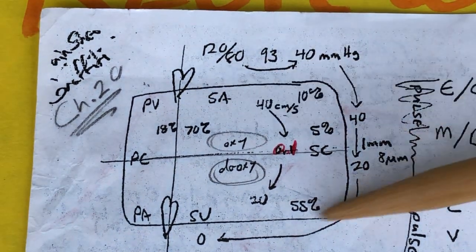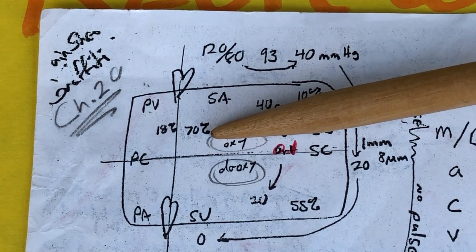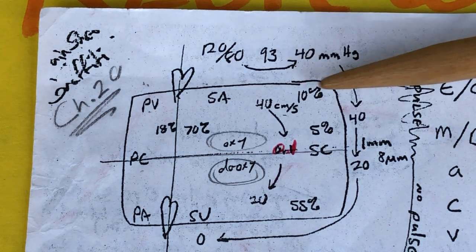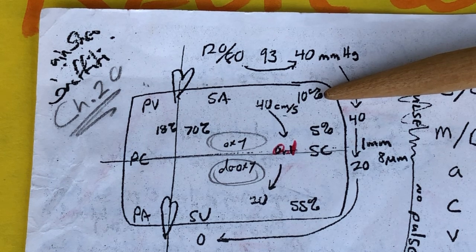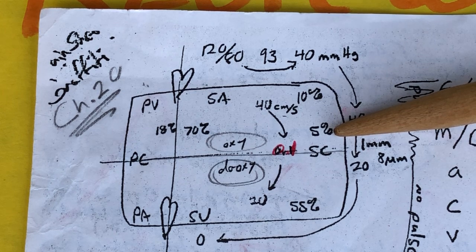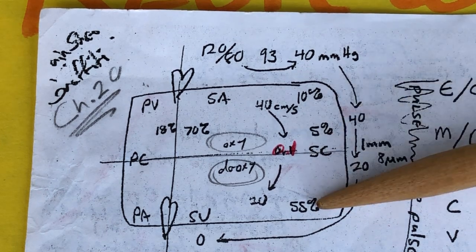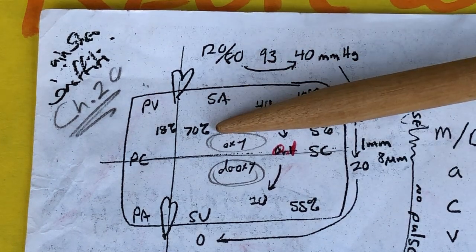Now, looking here inside the systemic circuit, of that 70% of the total amount of blood, approximately 10% is inside the systemic arteries, approximately 5% is inside the systemic capillaries, and 55% found within the systemic veins. So again, 10, 5, and 55, there's the 70%.